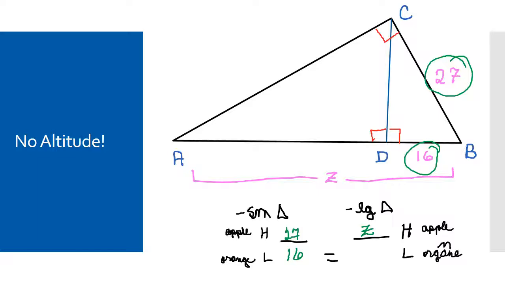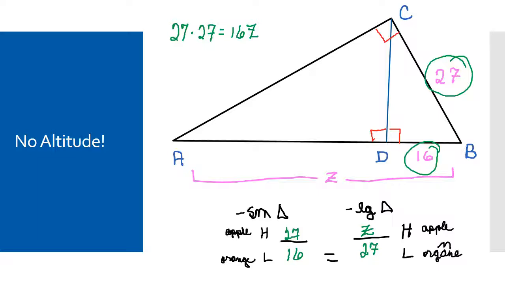I need to use the small leg of the larger triangle, which is going to be 27. And hallelujah, we've got our twins across from each other, the 27 and the 27, an apple to an orange. So we end up with 27 squared, or 27 times 27, equals 16Z.